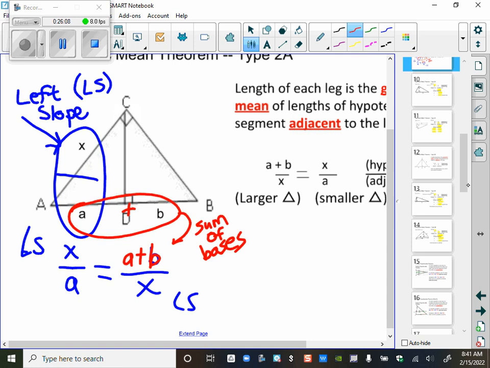And then again, this is still going to be the same, because no matter what, you're still multiplying x times x, and then a times a plus b. You're still going to get the same result. Looks different, but it's the same.